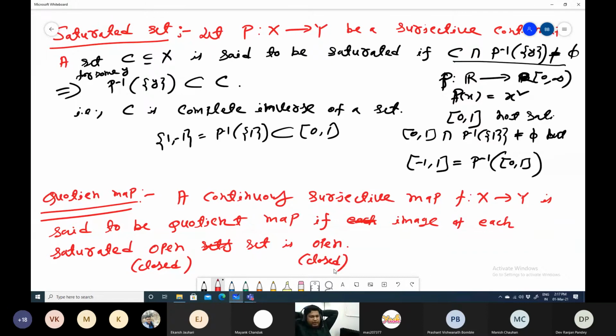That means if you have a continuous surjective map and if the image of every open set is open, then it is also an open map, and we know that in that case it is a quotient map. But we do not need to check all the open sets. If only the saturated open sets go to open, that is, if the image of a saturated open set is open, then also we will say that it is a quotient map.